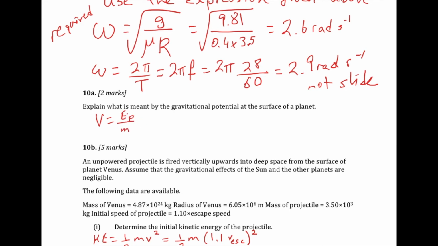You define potential energy, which is the work done to bring a mass from infinity to the surface of a planet. Since this is per unit mass, the potential energy, work done from infinity per unit mass, makes it the definition of potential.